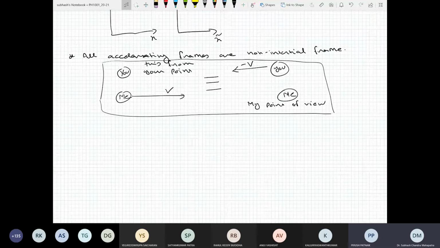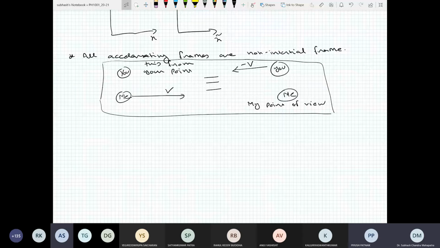Suppose you are at the sun and you see the motion of your friend on earth. With respect to you, the frame of your friend is non-inertial, because your friend is constantly changing the position and motion of her frame. So that is a non-inertial frame.